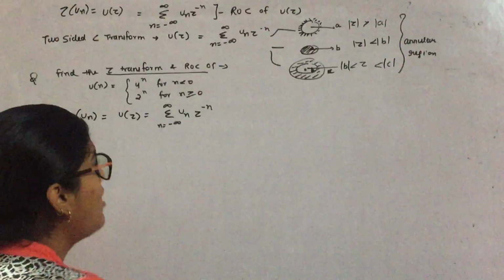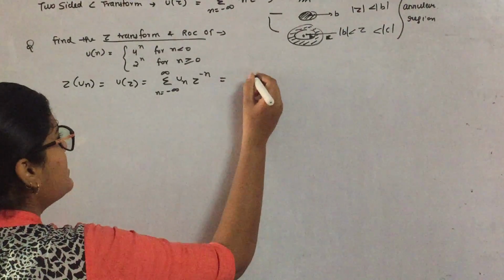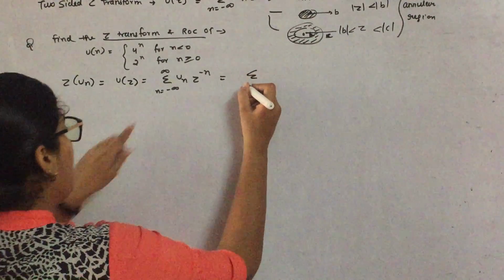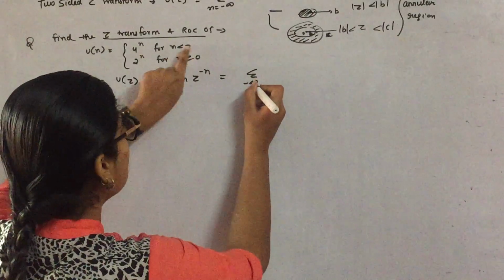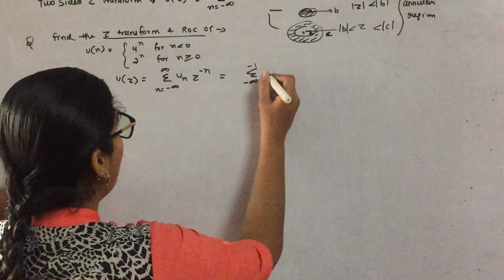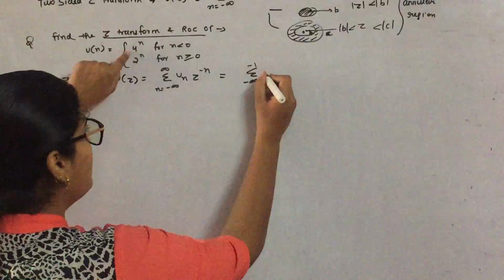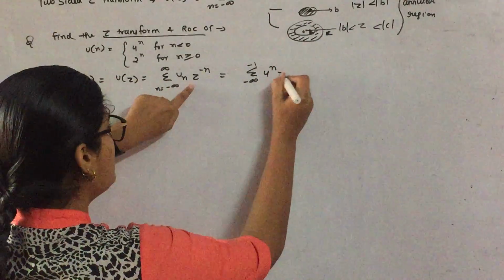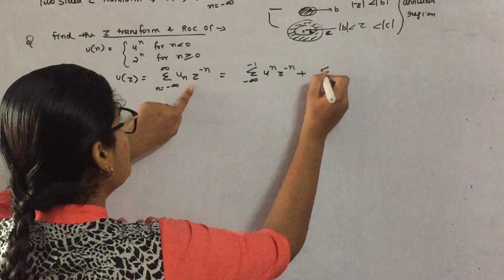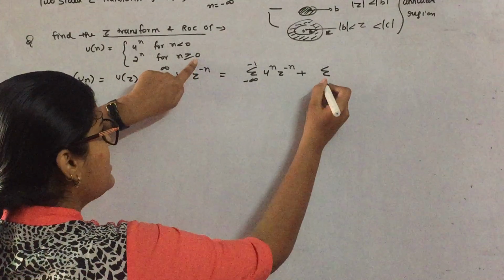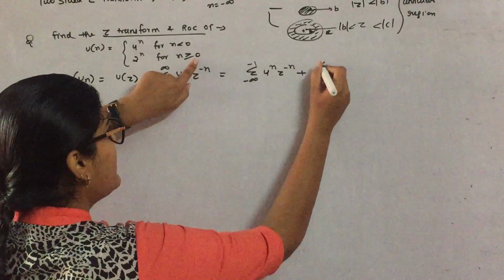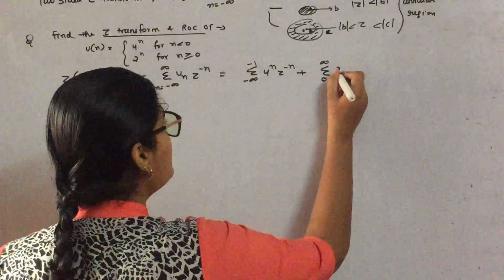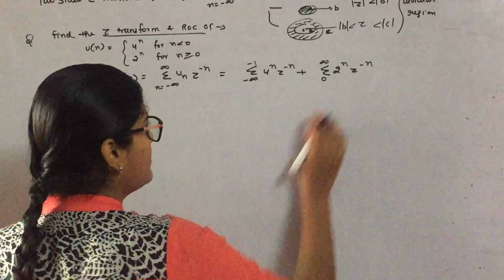Now if you split it into different parts, you get the sigma from minus infinity to minus 1, for which u(n) is 4 raised to power n, z raised to power minus n, plus the sigma from 0 to infinity for 2 raised to power n, z raised to power minus n.